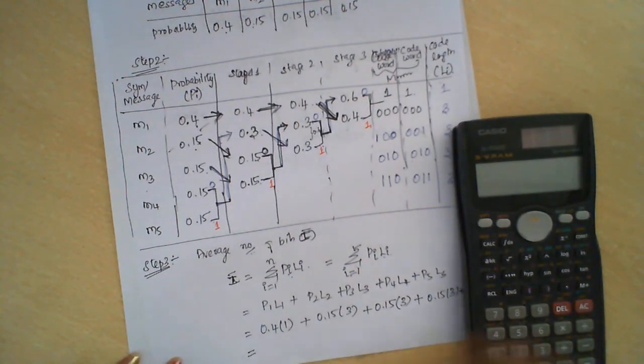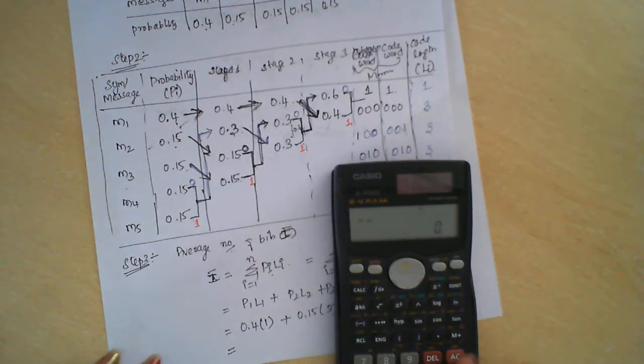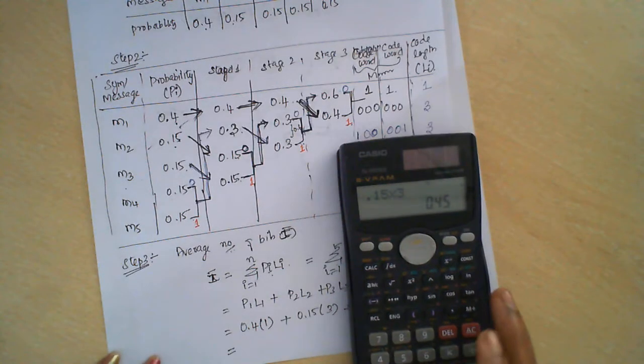So here we have 0.4 plus 0.15 into 3. Let me calculate once again. 0.15 into 3 is equal to 0.45.